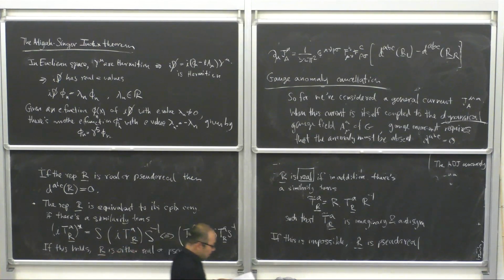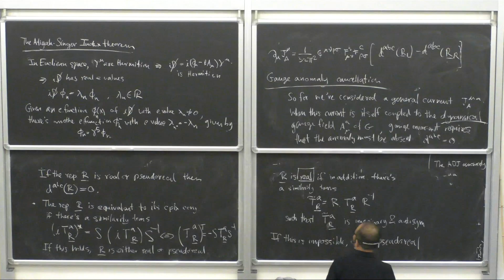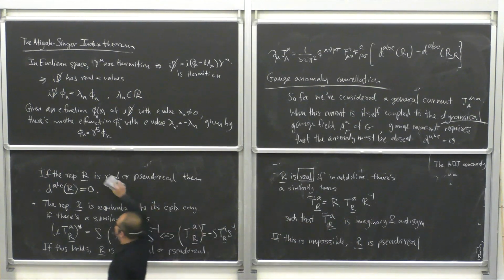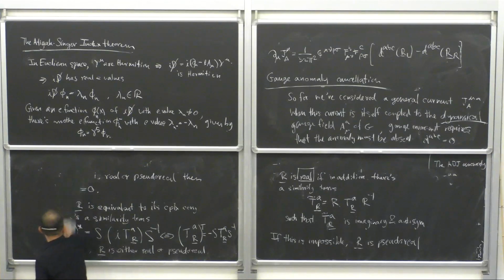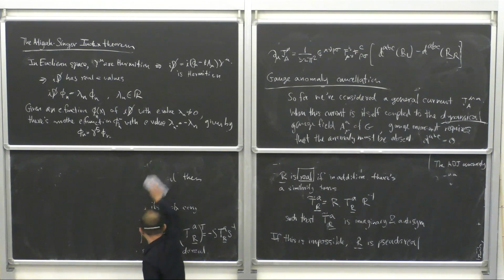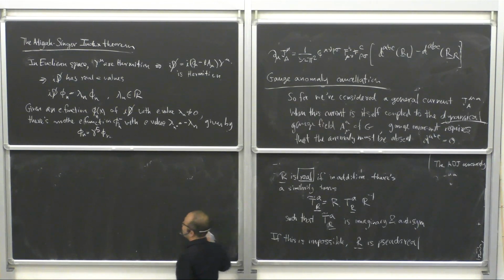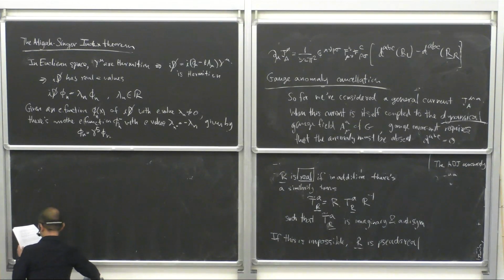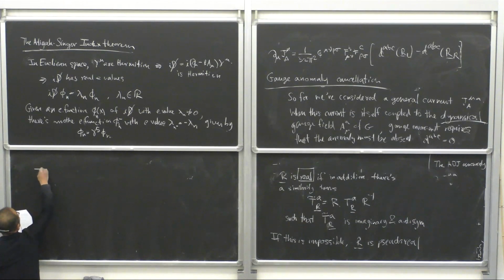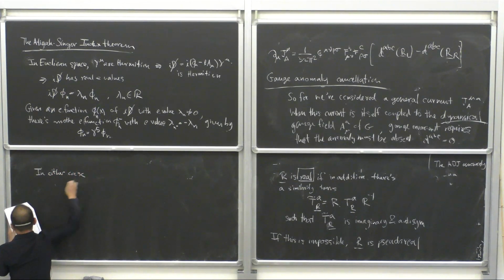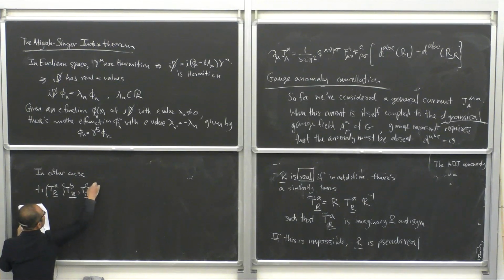Okay, since we are here, in either case, the trace of T_R^A, T_R^B, T_R^C, this is our D, right?